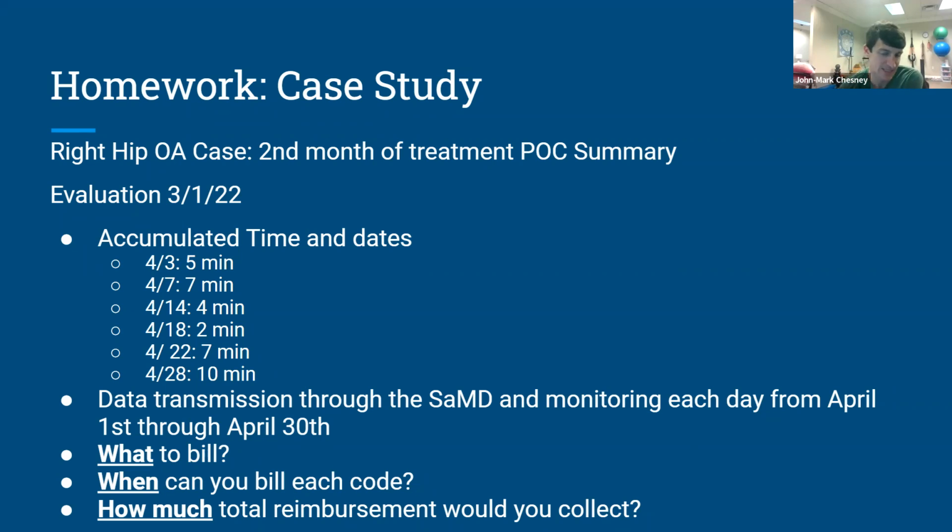So what that's saying is that we got 30 days of data transmission and monitoring. So the question is, what are we able to bill for this month of April? Go ahead, if you guys can put into the chat what codes you would be able to bill for the month of April for this individual.